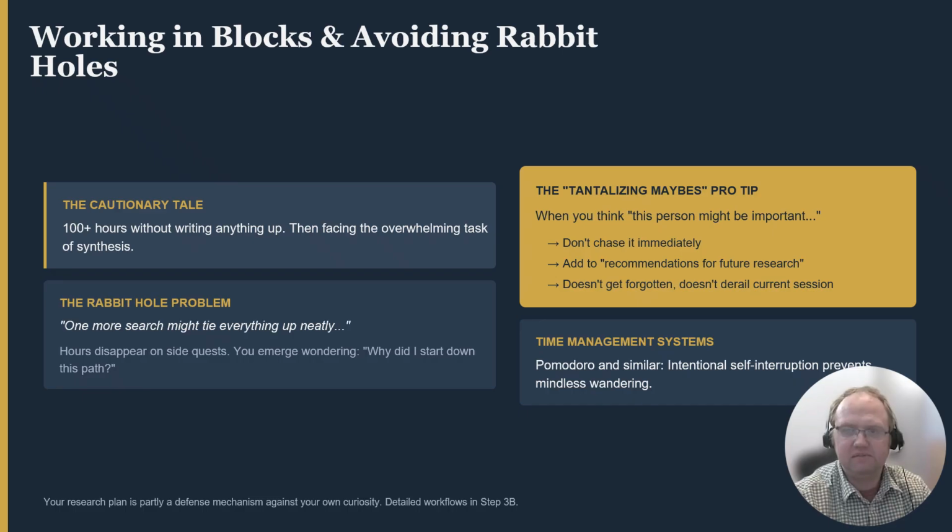So next, this jumps into the importance of working in blocks, avoiding rabbit holes. There have been some casual projects that I've done where I've gone through a lot of records, or I guess in this case DNA matches, where I spent many hours without really writing anything up.